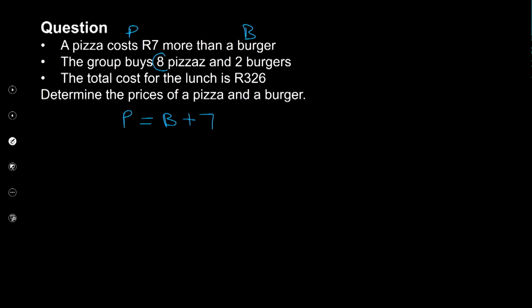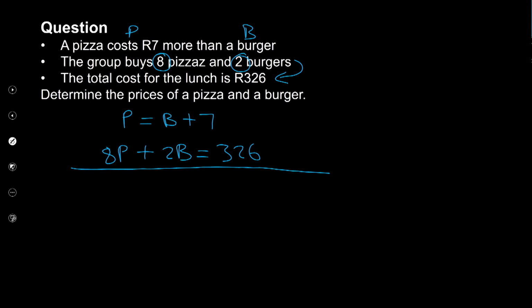I know that they bought 8 pizzas and 2 burgers for a total of that. So 8P plus 2B will give me a total of 326 rand. They spent a total of 326 rand, right?